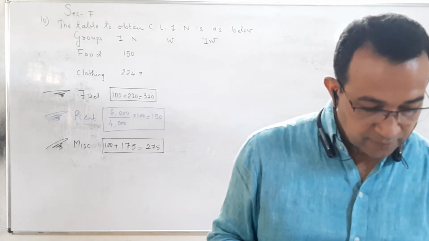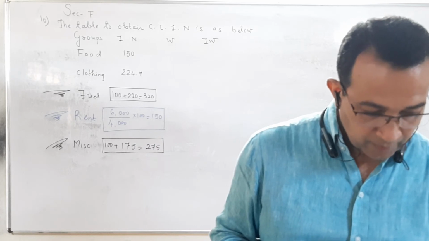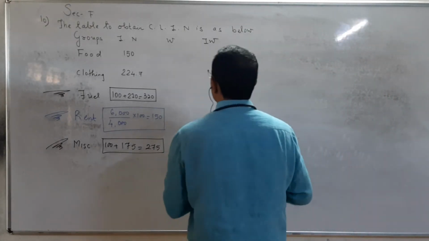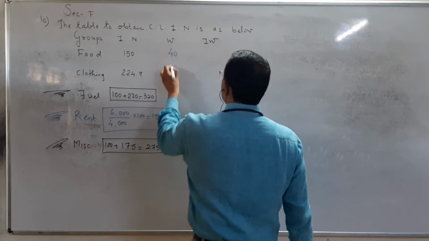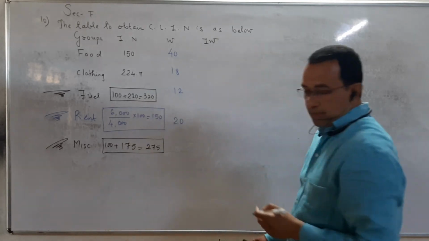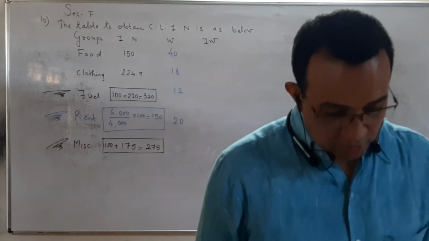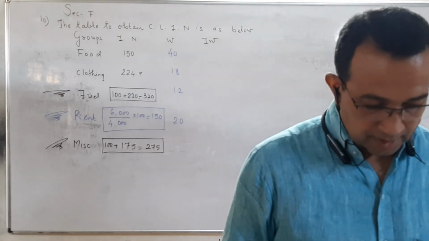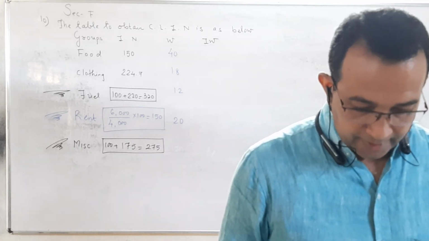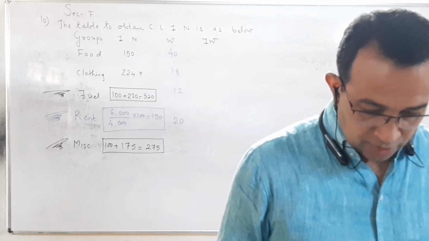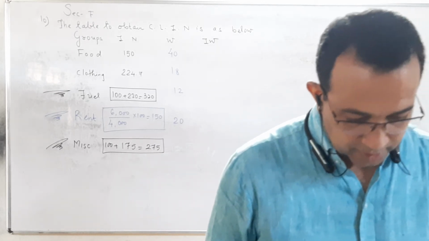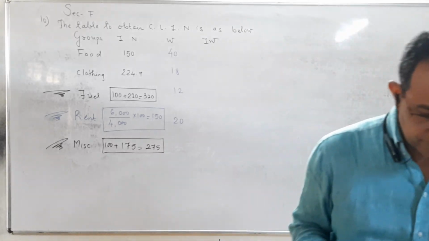Expenditure for the first 4 groups are 40, 18, 12 and 20. Then find the cost of living index number, students, for the year 2015.